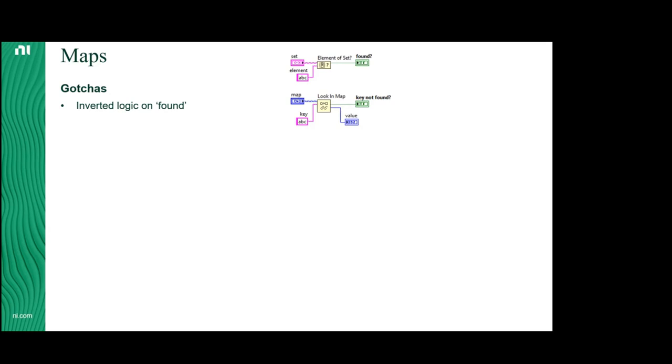Before I wrote this presentation, I asked the developer in LabVIEW R&D who is responsible for sets and maps. I said, dude, come on, why are they the opposite? And his response to me was that he did an analysis of use cases for sets and use cases for maps, and the most common thing you would be checking for when using these 2 functions.